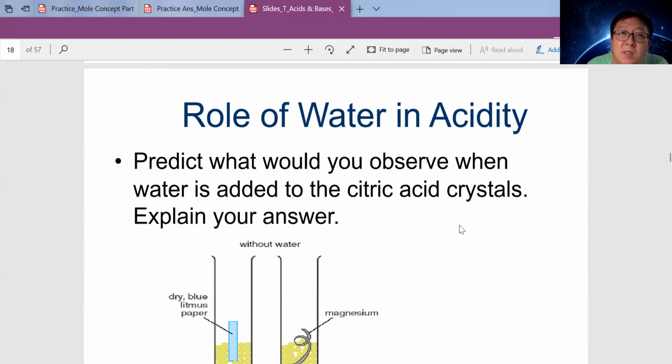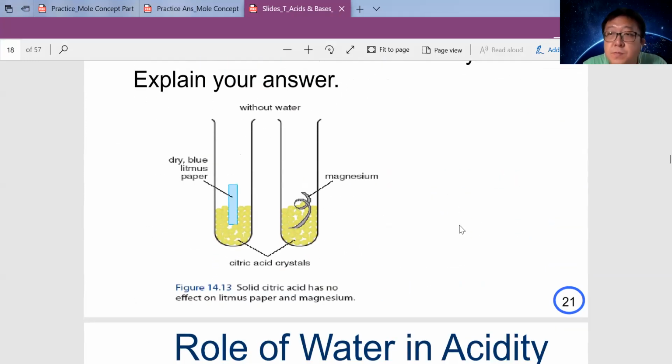Okay, let's go on to acidity. This is what I'm talking about. So don't be surprised. If it's dry, you are very safe. When it's wet, then you have to be careful. That's why your citric acid, without water, has no reaction with magnesium. There's no reaction with your blue litmus paper. Nothing happened.